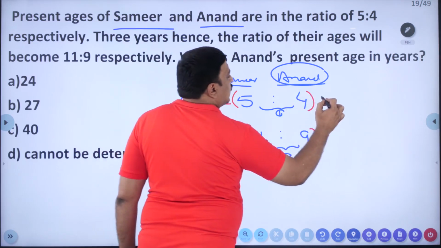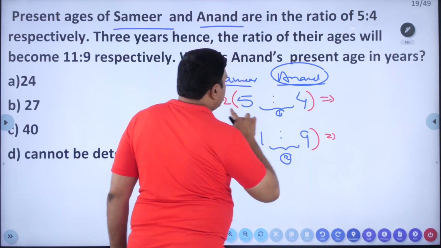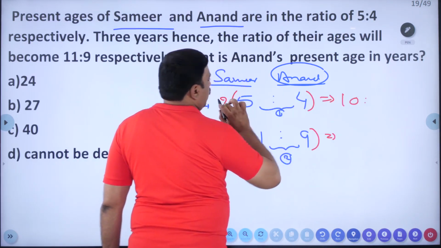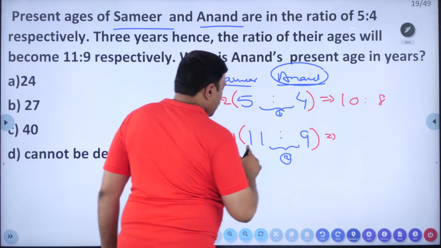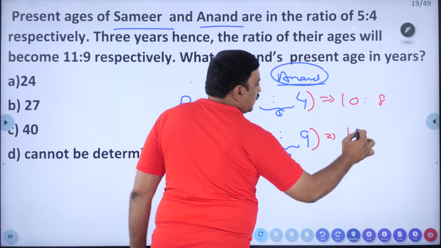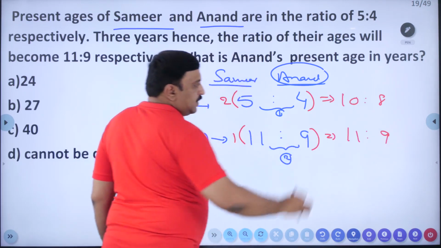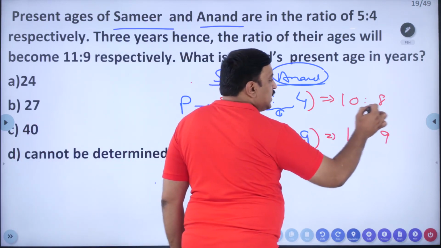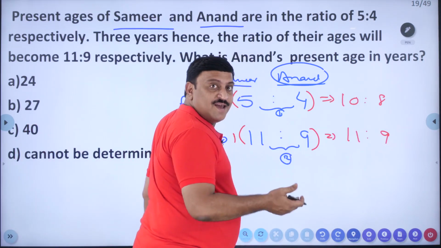Let us take the next. 2 into 5 is 10, 2 into 4 is 8. Here, the same ratio, 11:9. Just observe now, 10:8 and 11:9, are they balanced? Balance means the difference: here it is 2, here also 2. Yes, it is balanced.